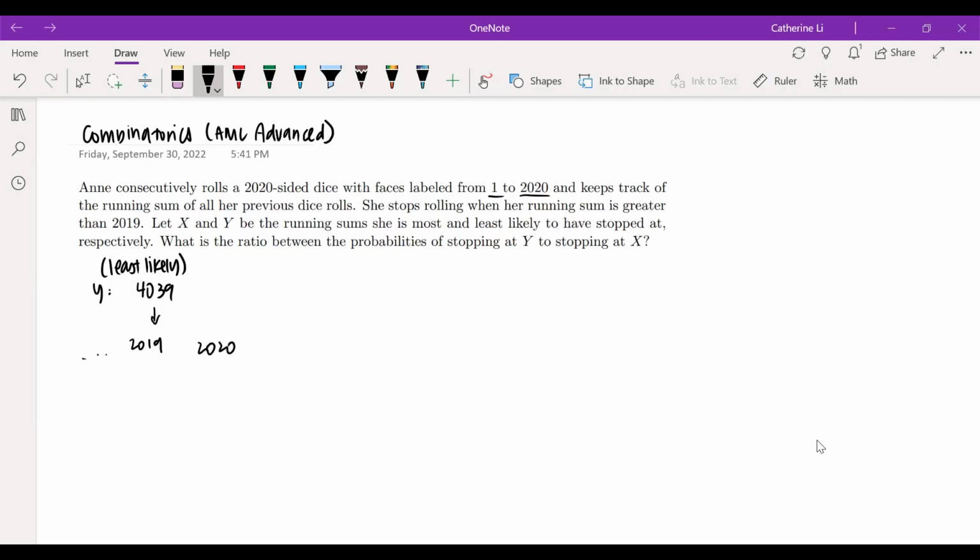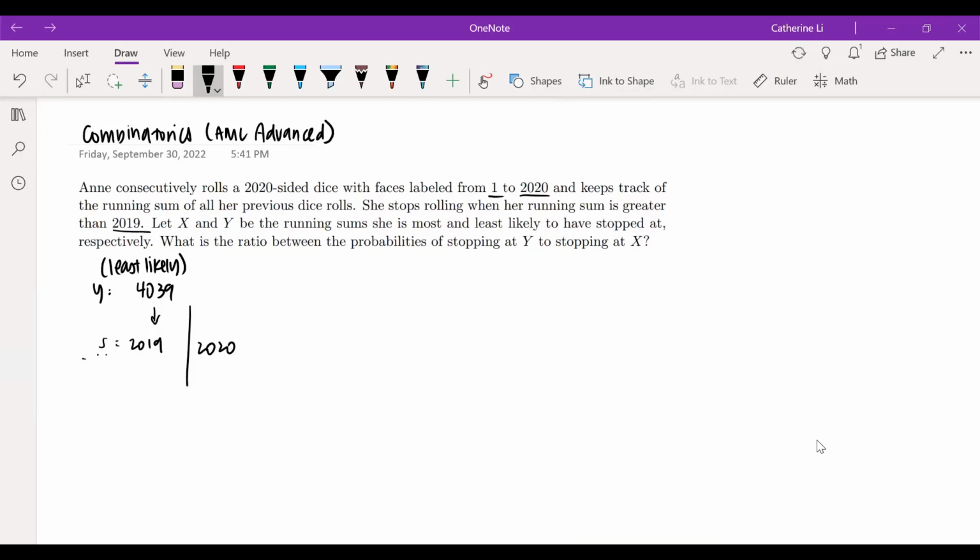Because anything else means that our sum before we get this last one is going to be greater than 2019, which is not what we want.